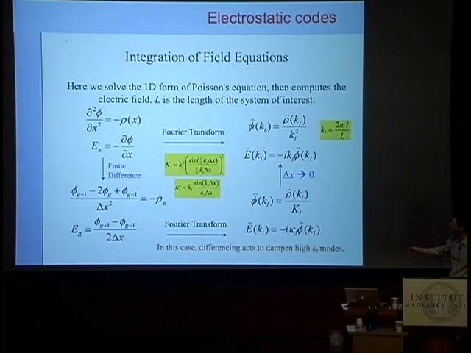So you can Fourier transform this like this. So you will have 1 over k squared from the divergence, from the del squared. And then you can invert this equation in the Fourier space and get the potential. And then you can get the electric field as well.